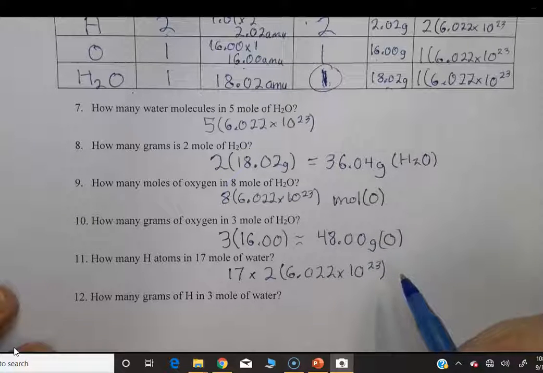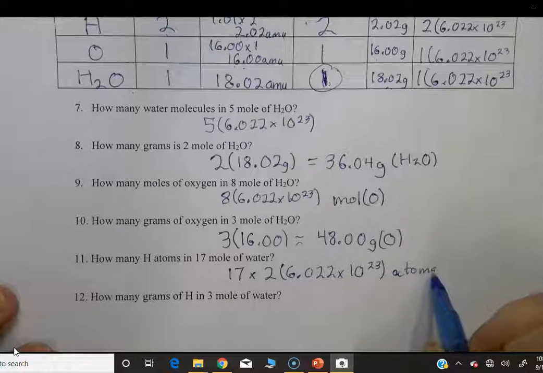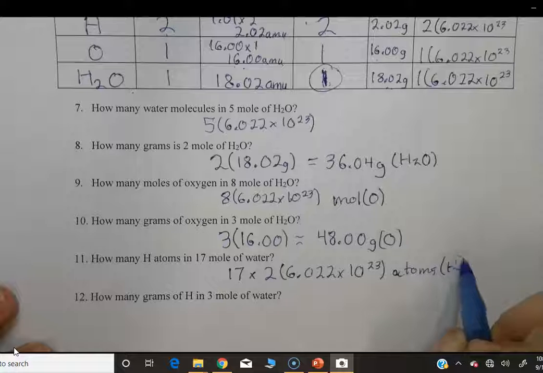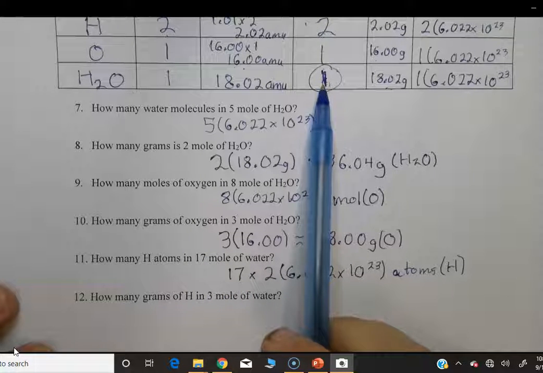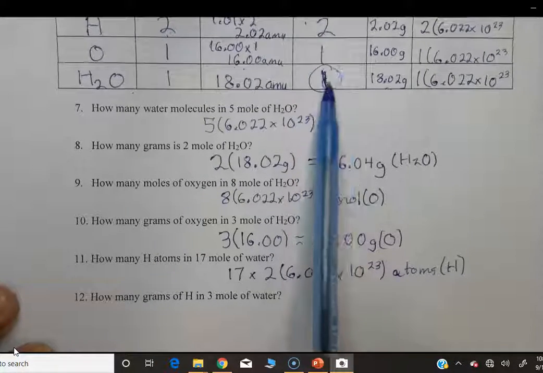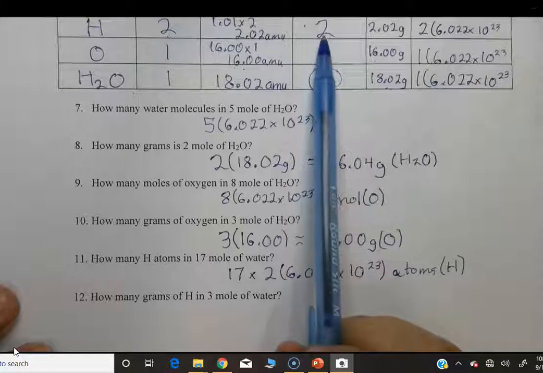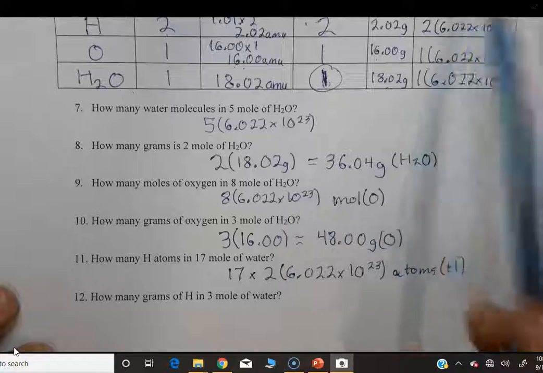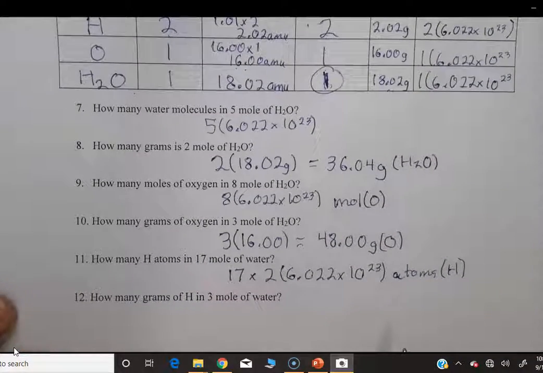Okay, and that's how many atoms of hydrogen. And again, it's not important on this that you do the math. I'd like you actually to leave it like this so you see the concept. If I want 17 moles of water, then I have to multiply this by 17. That means I have to multiply the number of moles of hydrogen by 17 to get 17 moles of water. And then I have to multiply that 17 times 2 is 34 by this number over here, by 6.022 times 10 to the 23rd.